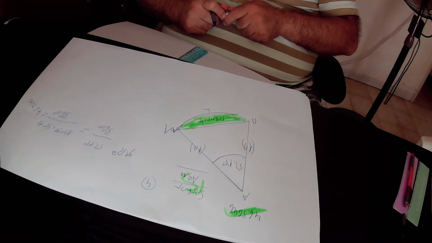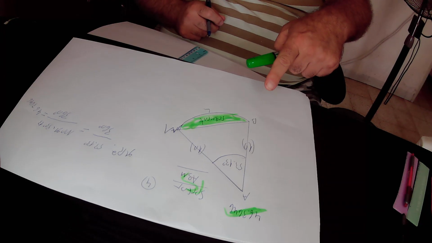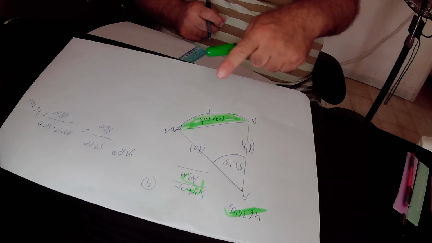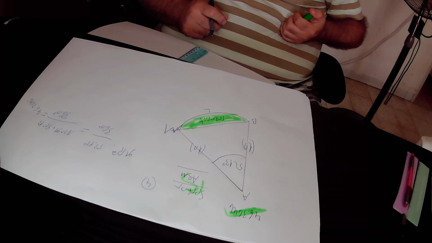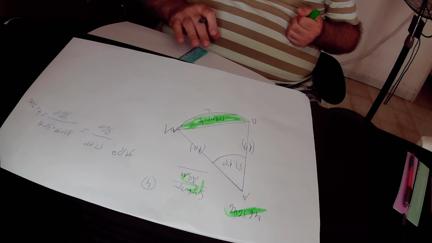Our task is to find out the area of the green segment BLM. So what is the area of segment BLM?